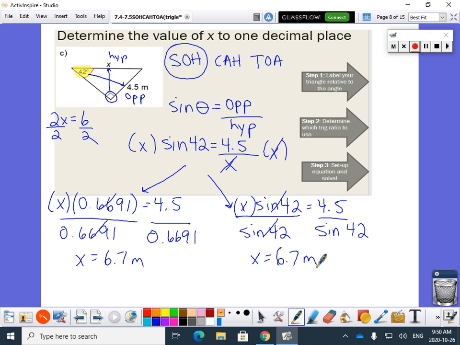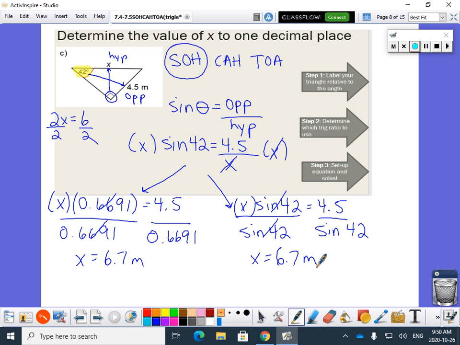Another way that you could have done this is if you look here, we have x times sine 42 equals 4.5. Well, really, everything is always over 1. So this x times sine 42 is over 1. And then over here, we have 4.5 over x.